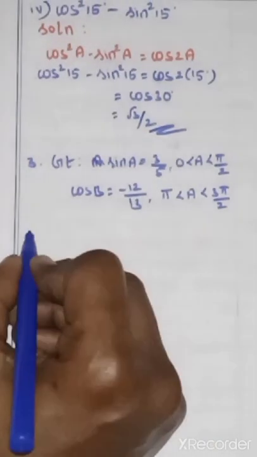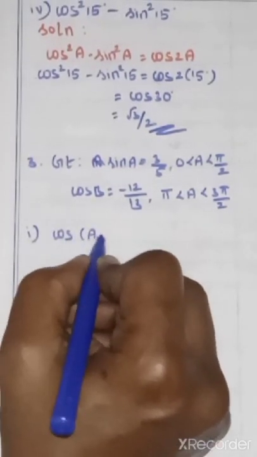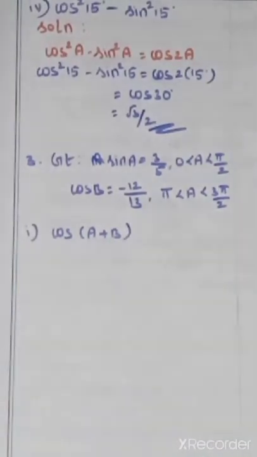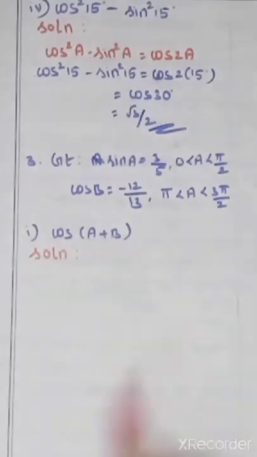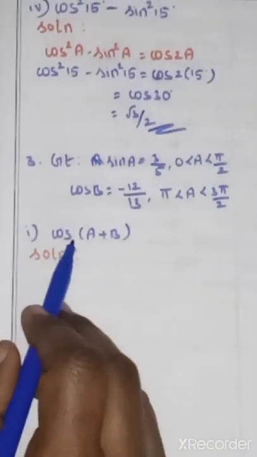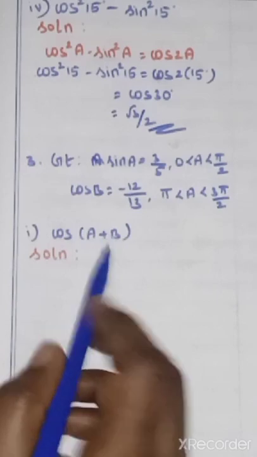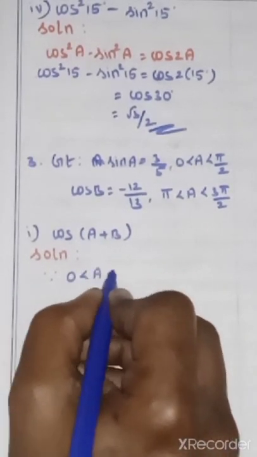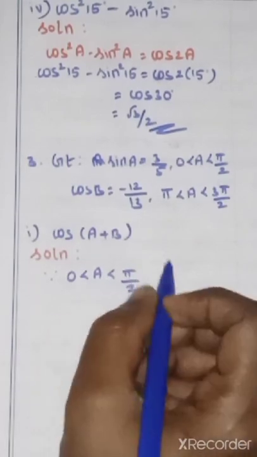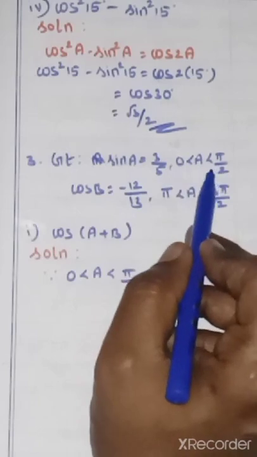Okay, so if you see the first subdivision, cos(A plus B), this is what we have to find out. First subdivision solution. Since 0 is less than A less than pi by 2, it is given that A lies between 0 and pi by 2.